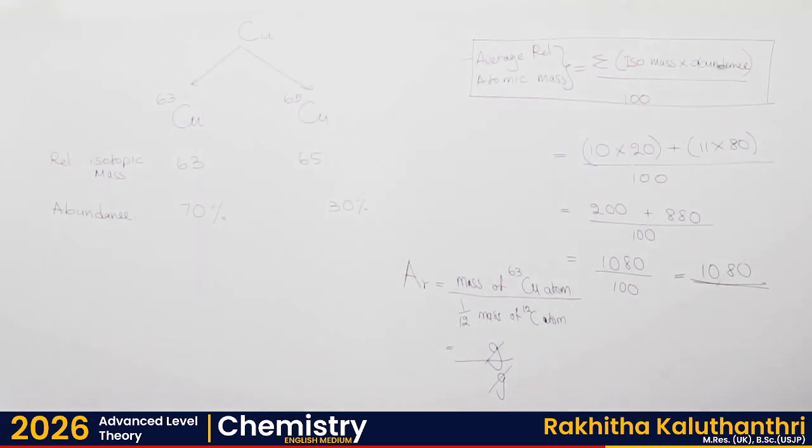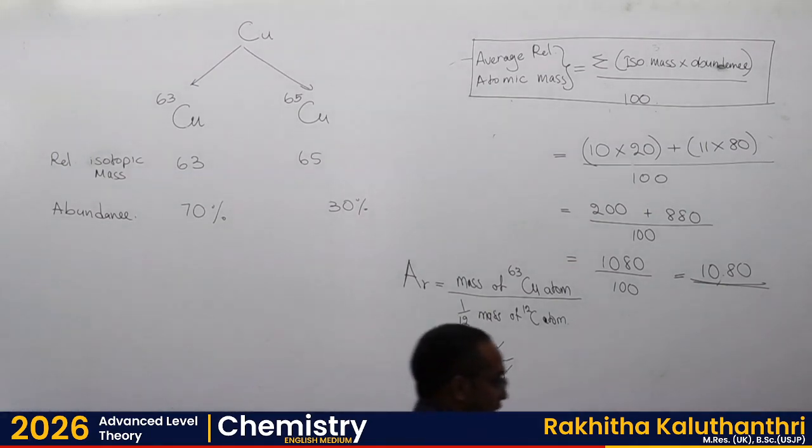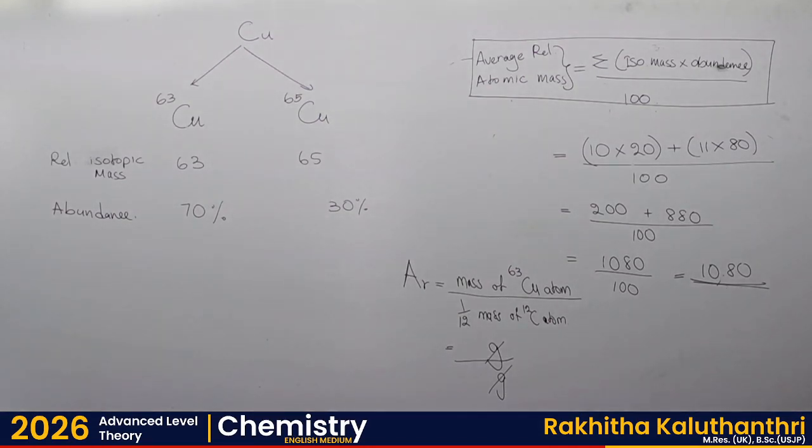That's question number 1, right? Now the second one, super easy. The second one would be: calculate the average relative atomic mass.